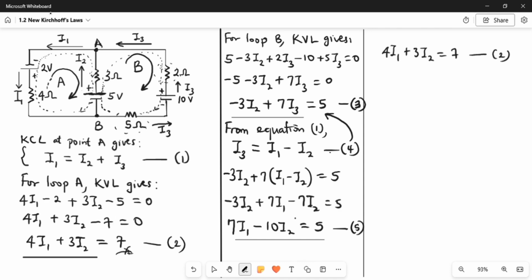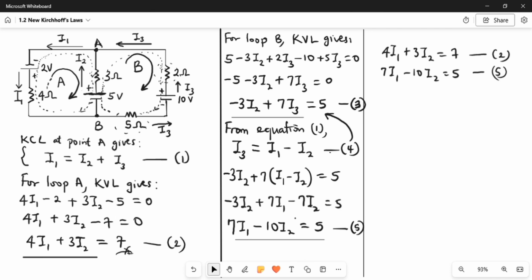Then equation 5 is 7I1 minus 10I2 equal to 5. How do we solve them simultaneously? We can consider the method of elimination. Either we eliminate I1 or we eliminate I2. I choose to eliminate I2.